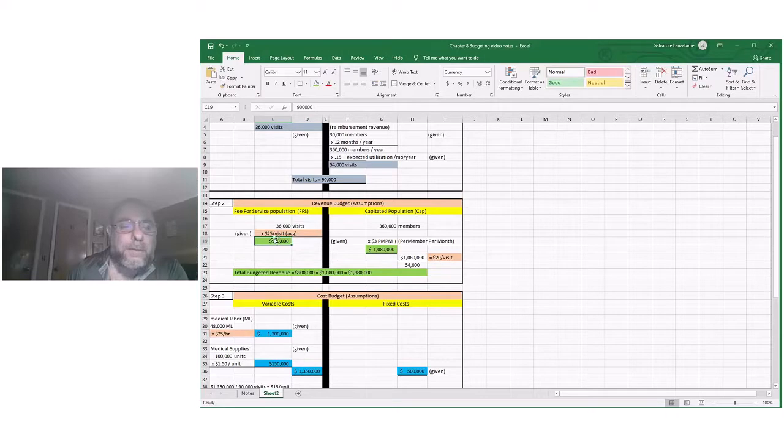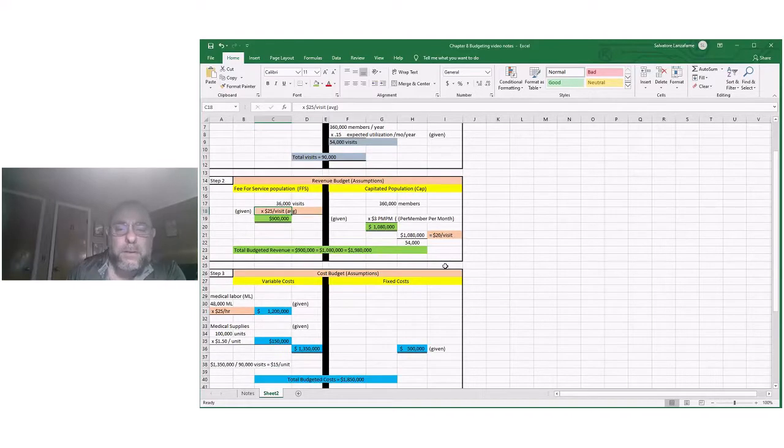I know my revenue per visit is $25 for the fee for service because they gave us that. But then I figured out our revenue per visit using this capitated population. I took the $1,080,000, divided it by the 54,000 projected visits, and that's about $20 per visit. So between the two, they're making $45 in revenue per visit.